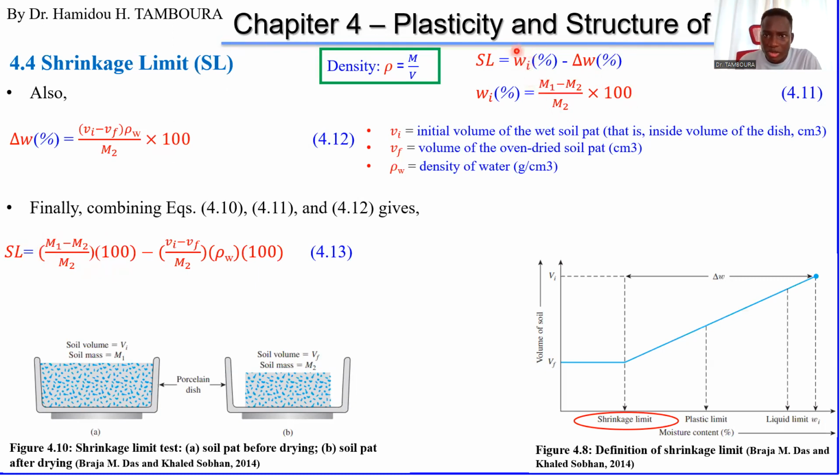It means we replace the initial water content by its formula, and the variation of water content is replaced by this formula. That is what we have here. Very simply.